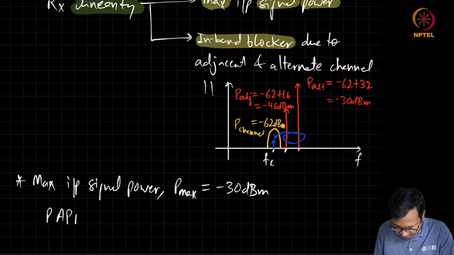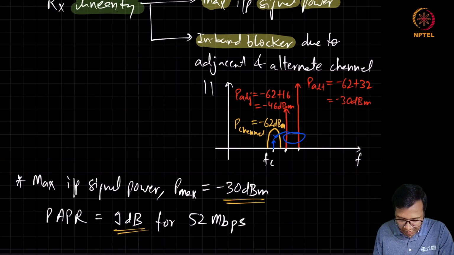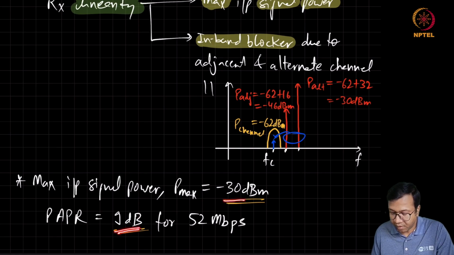So the PAPR is 9 dB for the 54 Mbps data rate case. So it means we need to make sure the receiver can handle 9 dB above the maximum input signal power so as to not cause any kind of clipping.